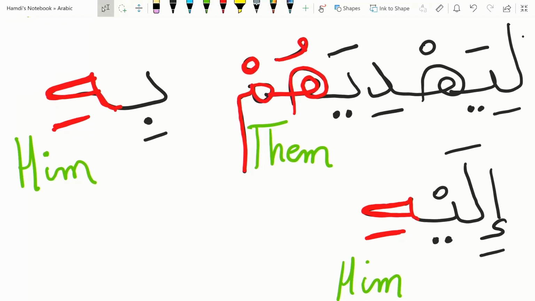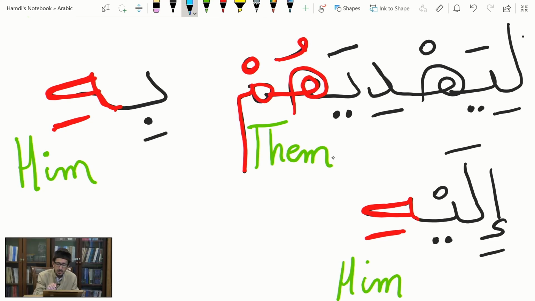Now, li-yahdiyahum, to guide them. Again, what's that? That's an objective pronoun. An objective pronoun for plural. Again, the objective pronoun is an attached pronoun attached to the verb.